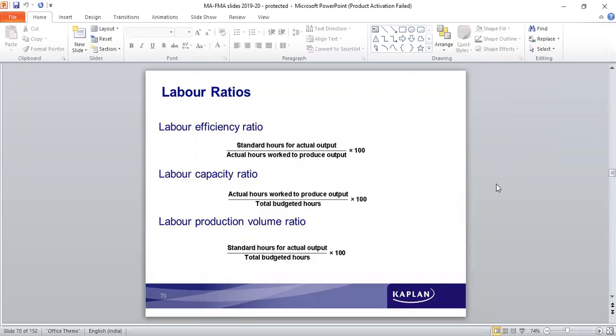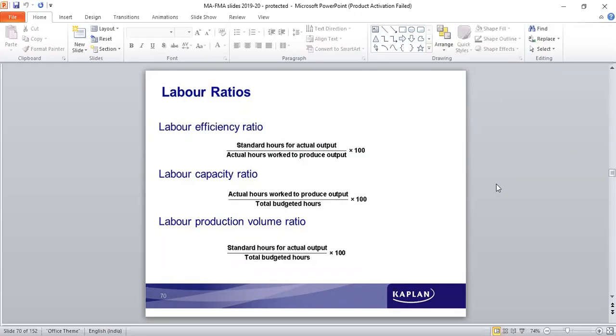Apart from the labor turnover ratio, we also have a few other ratios which are calculated, which is the labor efficiency ratio. Efficiency ratio talks about when they are efficient. They are efficient when they take less amount of time, because it's all about labor cost. Labor cost is dependent on the labor time, the time which they take.